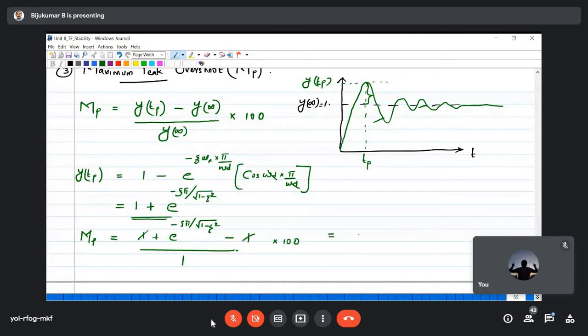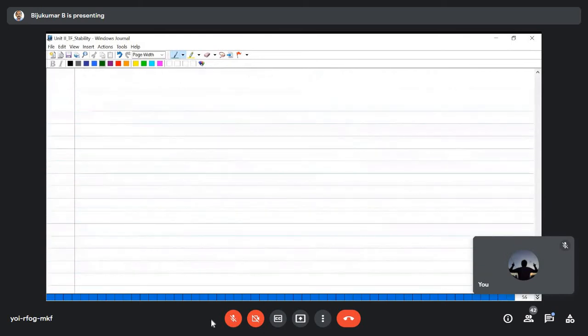Finally, we will get percentage MP. MP in percentage is equal to e power minus zeta pi divided by root of 1 minus zeta square. This is an important relation. Keep in mind, multiplied by 100. So this is the relation for maximum peak overshoot.